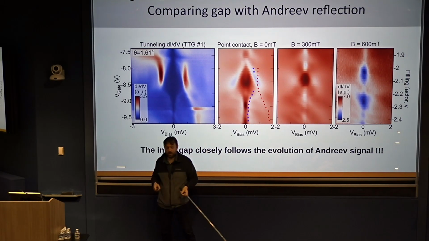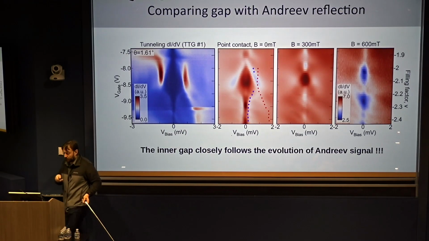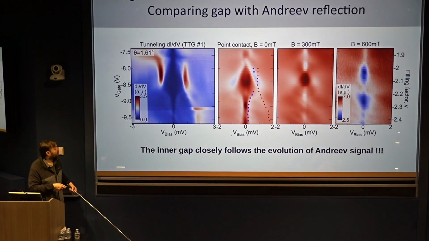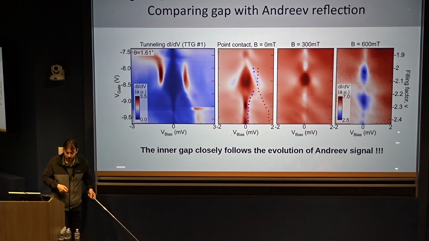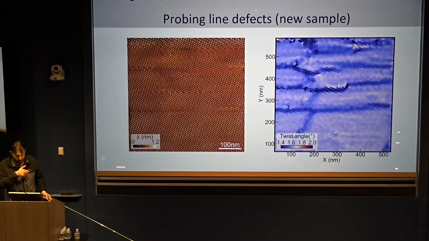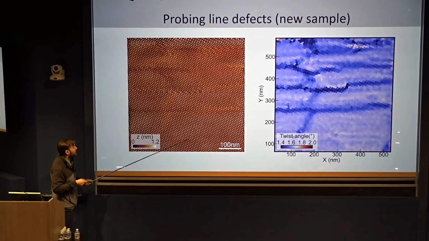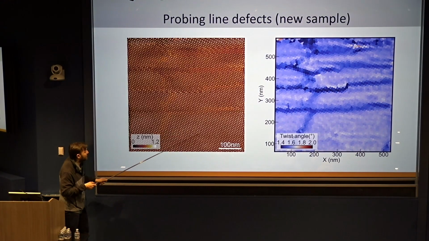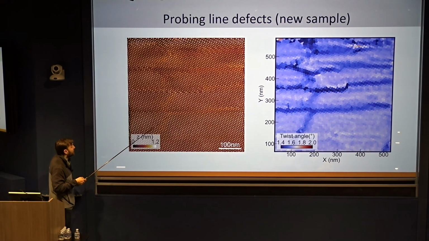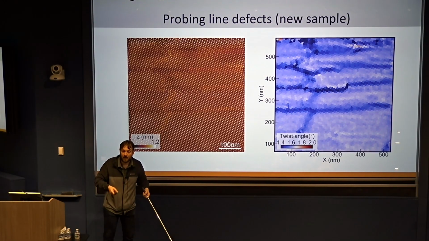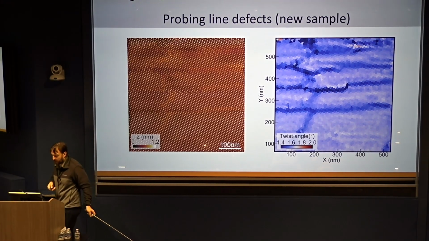Now you can do a little more than this to try to convince yourself that the smaller gap is the superconducting gap and the outer gap is something different. For that purpose, instead of going where everything is homogeneous, you can try to measure at these line defects and see if there's any contrast.